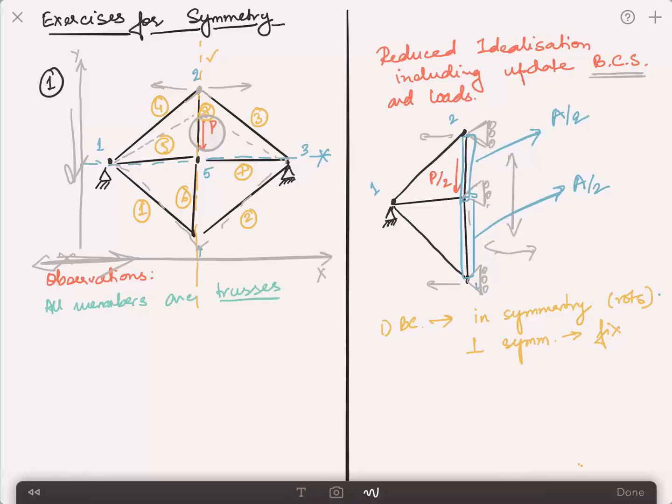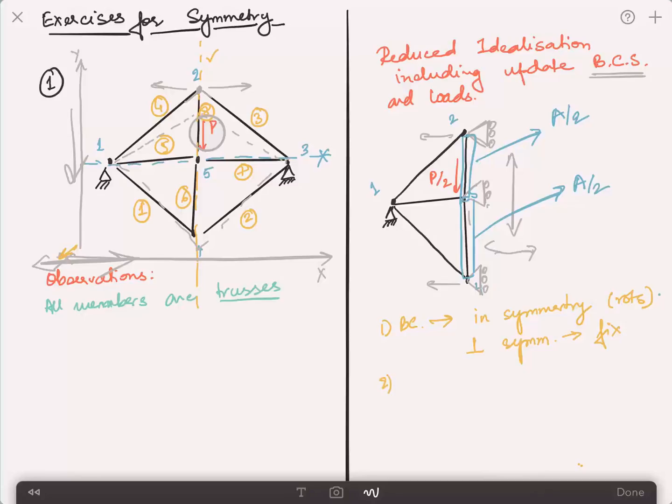That means it was not allowed to move in the x direction, while the symmetry plane is the yz plane here, where z is out of plane, and the axis of symmetry is the y-axis. So we had to fix perpendicular to that, and we allowed it to move in the plane of symmetry.